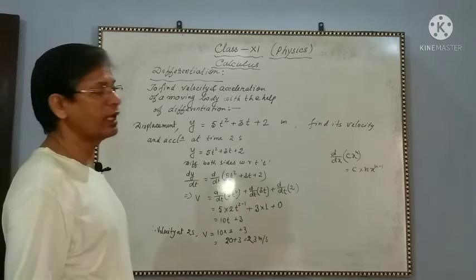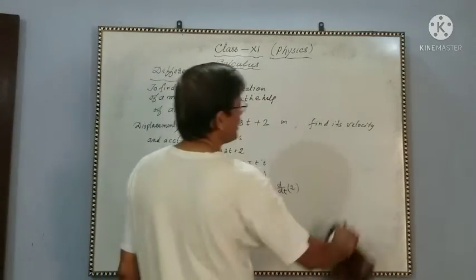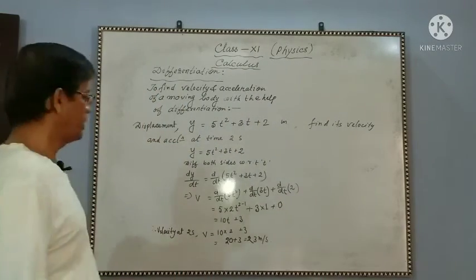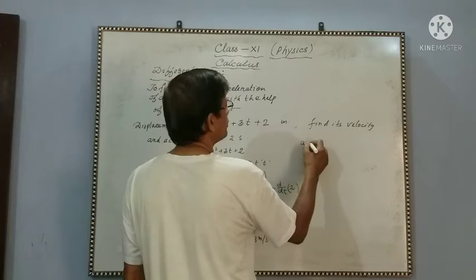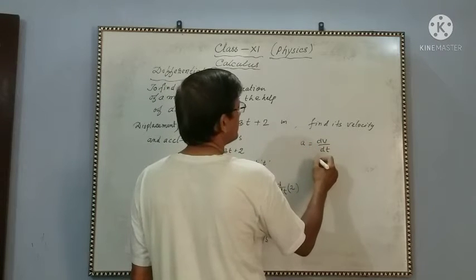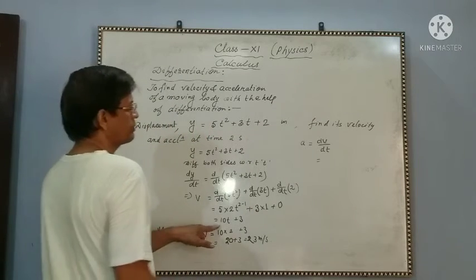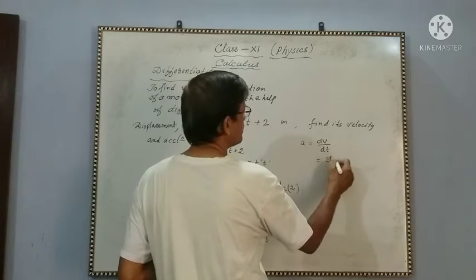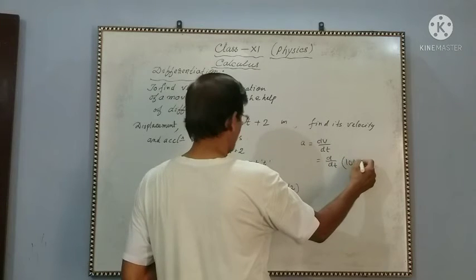Now how will you find the acceleration? Acceleration means the rate of change of velocity. So a equals dv by dt, where v is this expression, so d by dt of 10t plus 3.